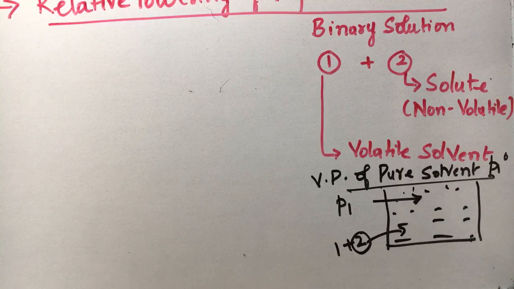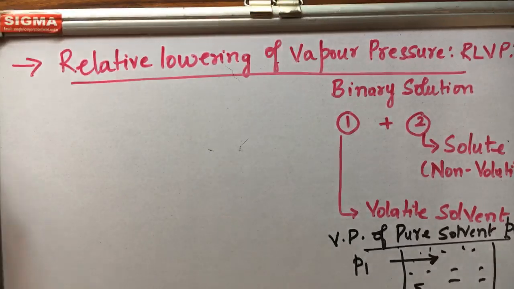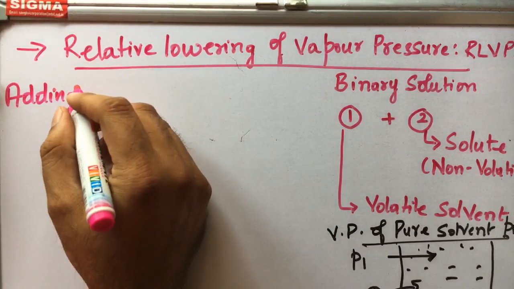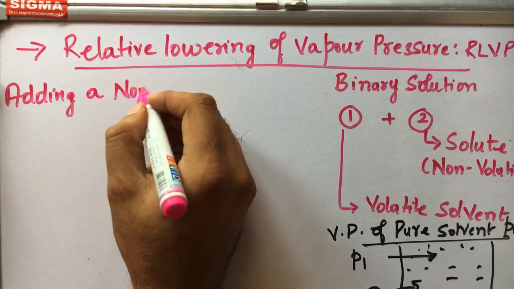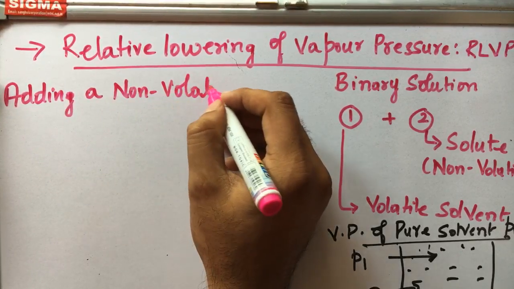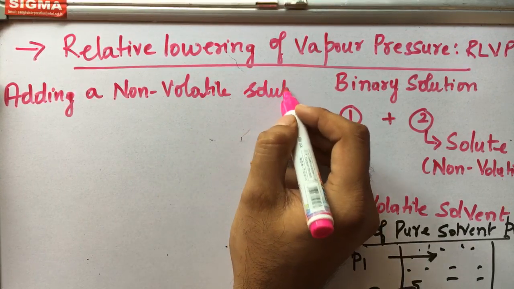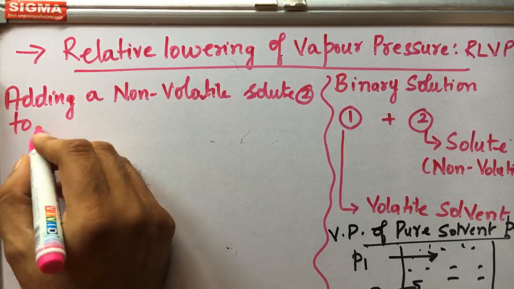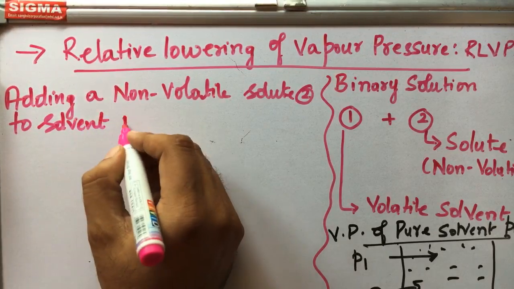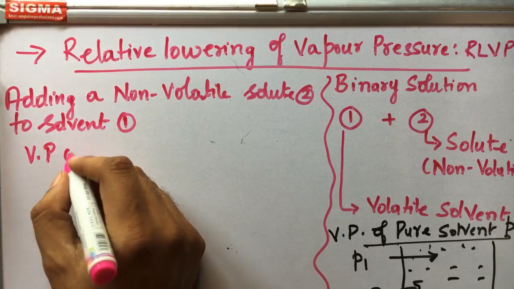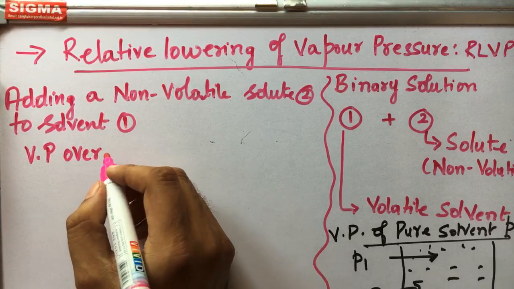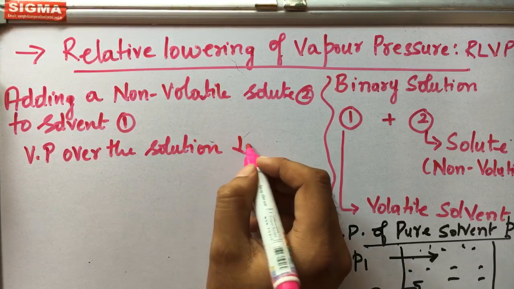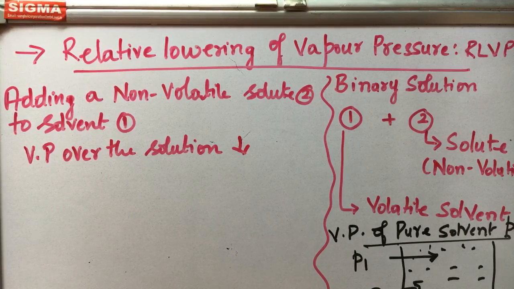By adding a non-volatile, non-electrolyte solute to solvent 1, the vapor pressure over the solution decreases. Vapor pressure over the solution decreases.